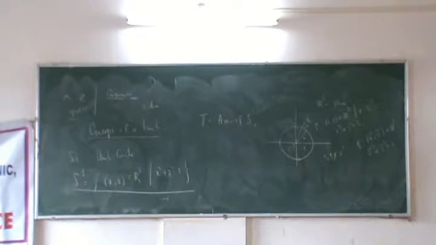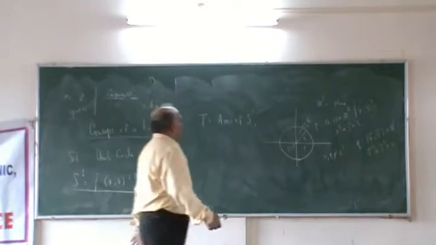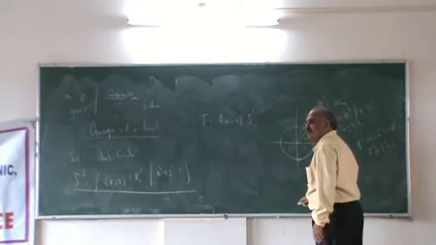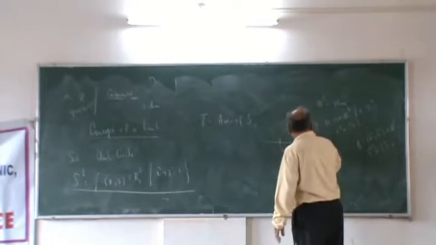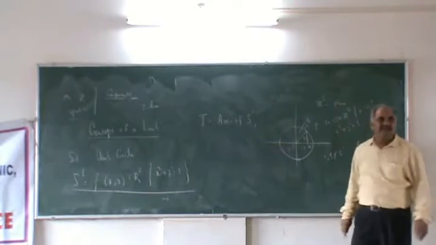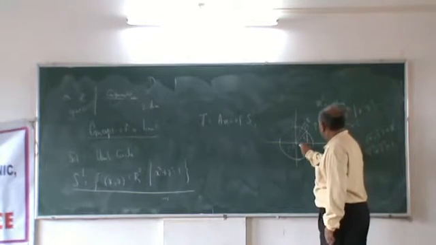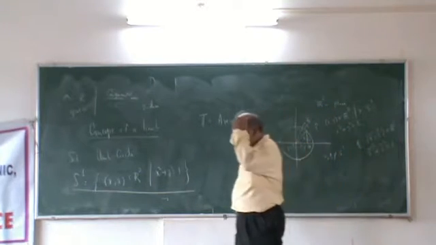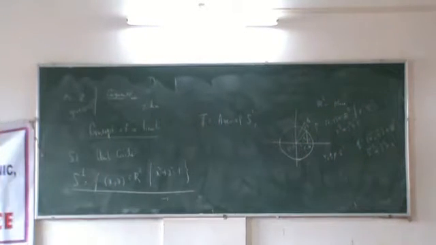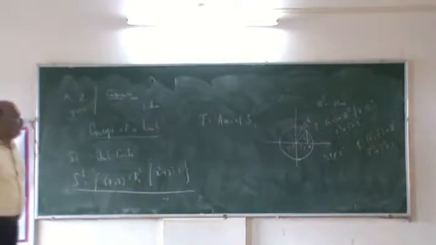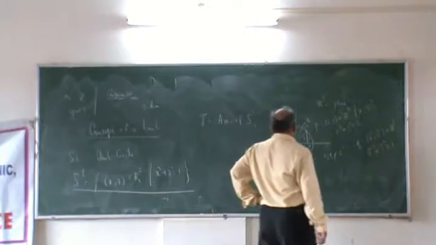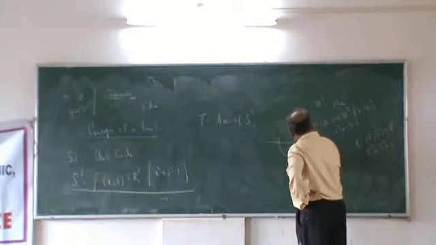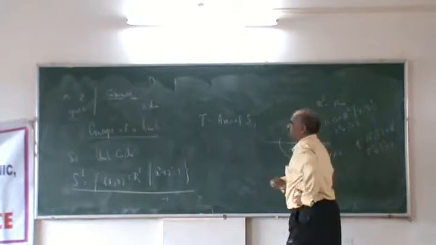And then I bring in this Pythagoras theorem. After all, my R2 is a Cartesian plane, therefore I will have to drop a perpendicular from P to M. So this is my X and this is my Y. Hypotenuse is X square plus Y square, and then this angle that I see is theta.